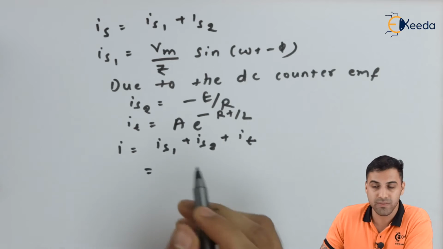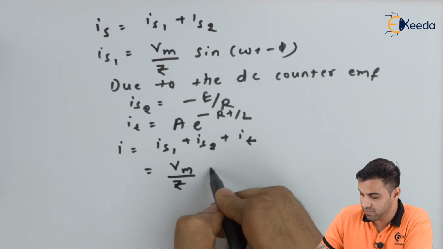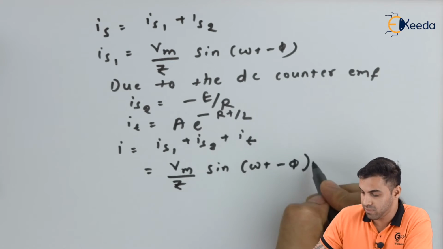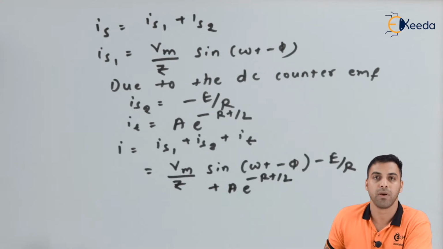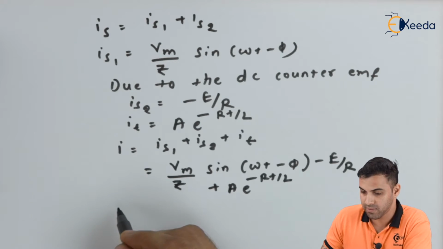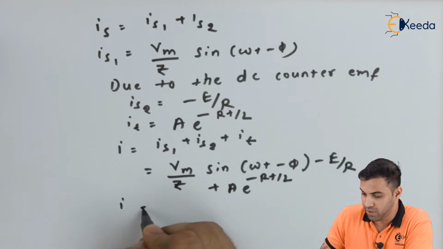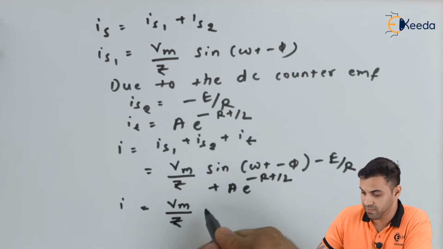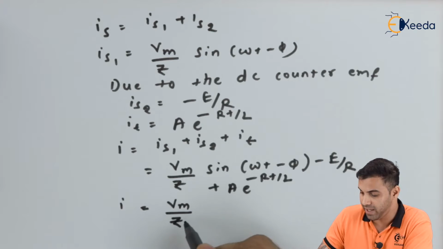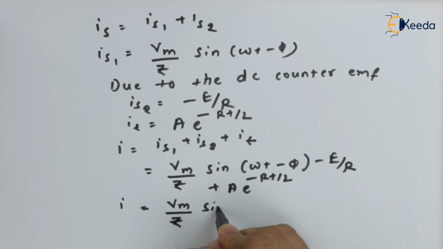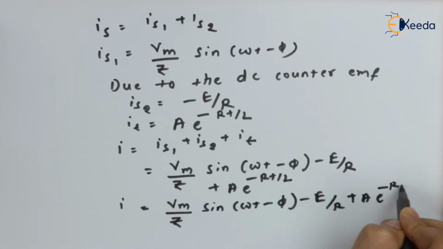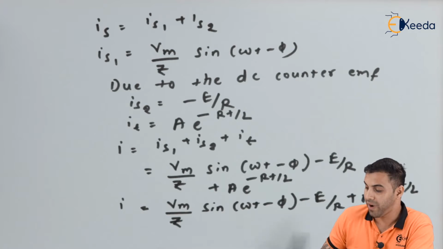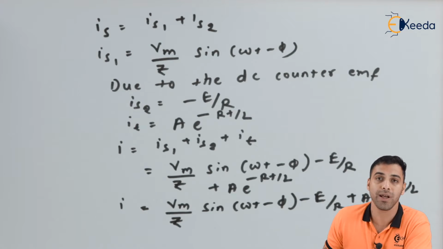Hence, by solving this equation we get I is equal to Vm by Z. So that will be the final expression for the total current.